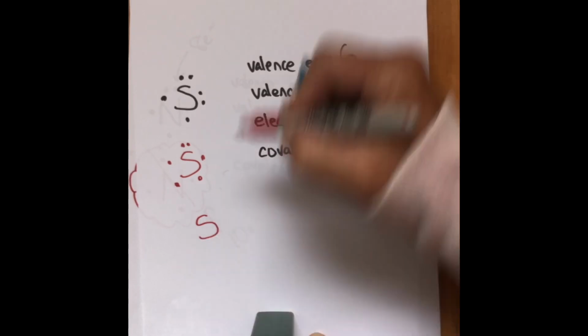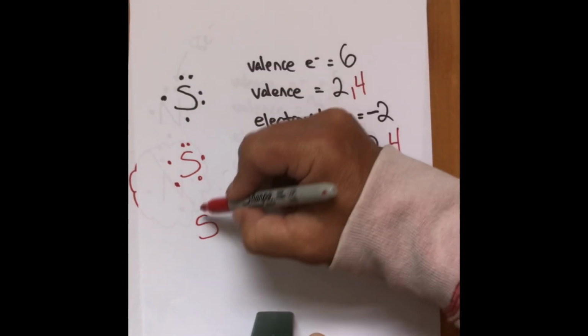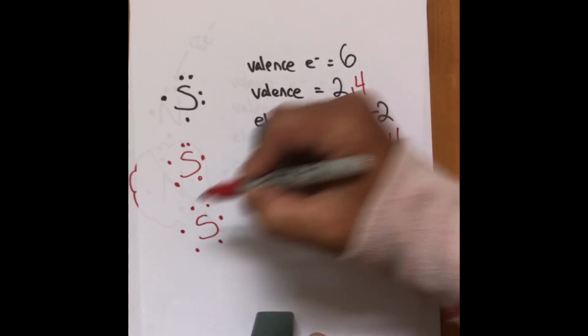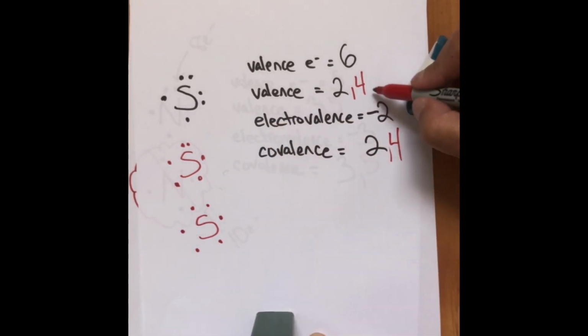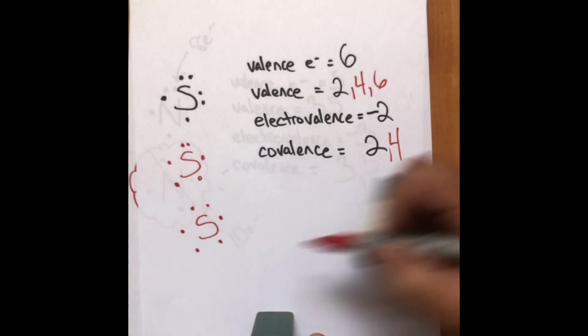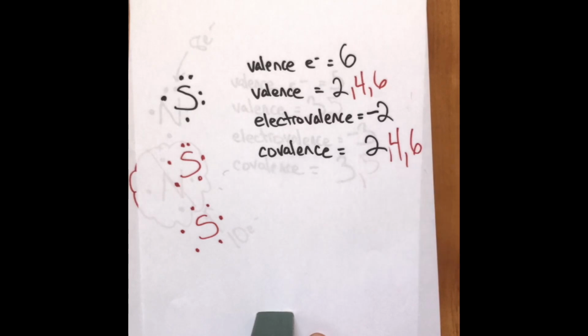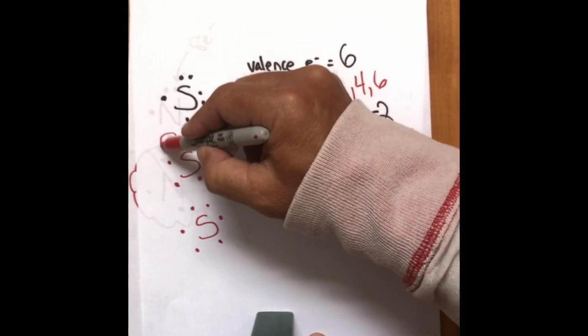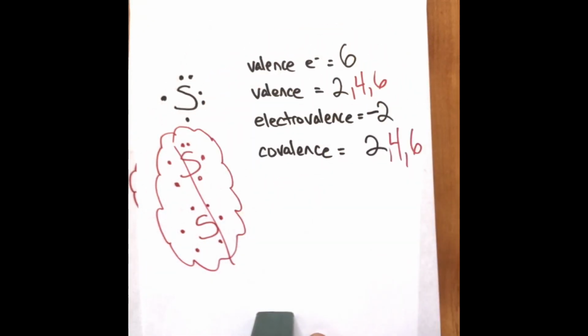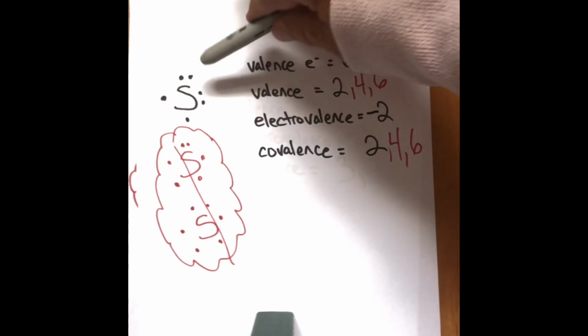Sulfur can also separate both pairs. It does that. It now has 6 single electrons around it. Doesn't affect the electrovalence. And those 6 single electrons would be shared, which would give you an exception for the covalence. Again, when we draw sulfur, we don't ever actually draw it like those. You're always going to draw your Lewis dot diagram like this one.